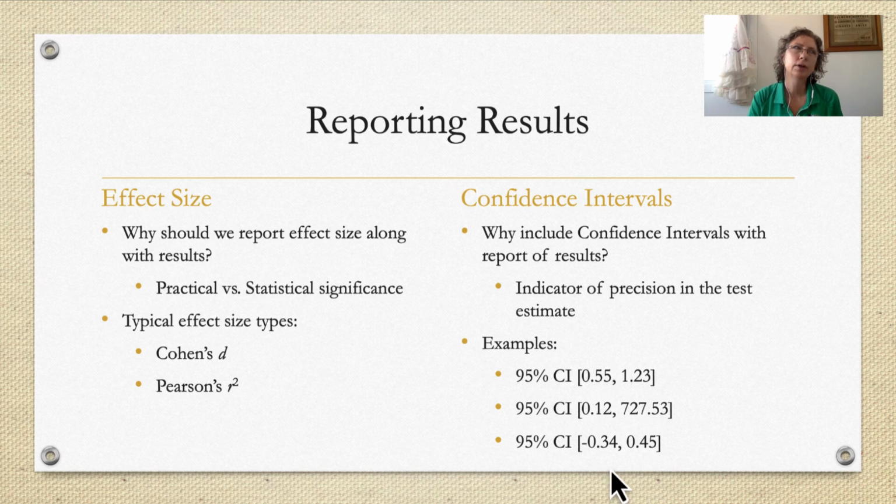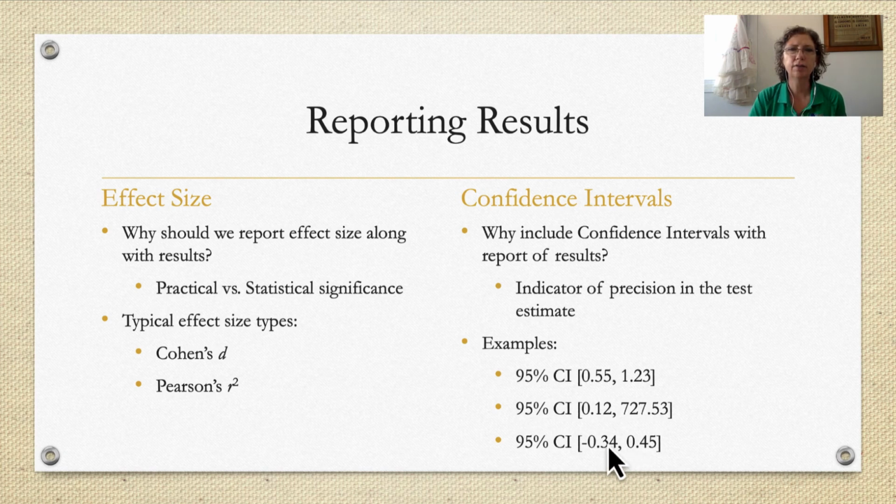Remember how the null hypothesis is 0, right? That there's no difference or there's 0 relationship between the variables, right? So if a test estimate could have been 0, then you would have supported the null hypothesis, right?